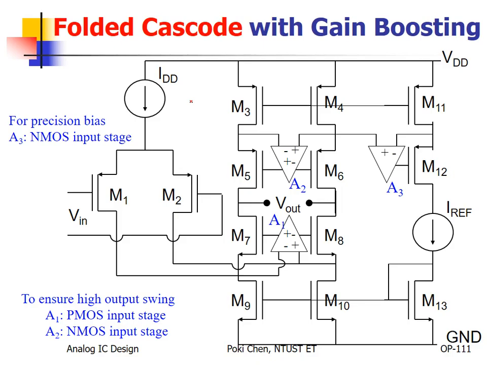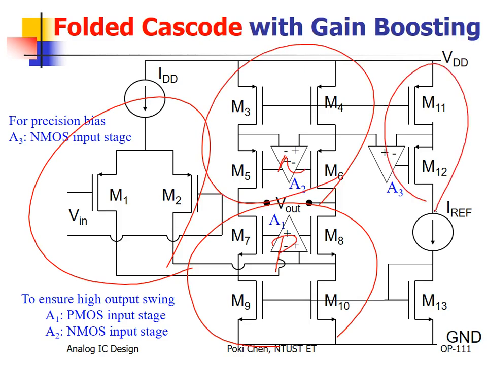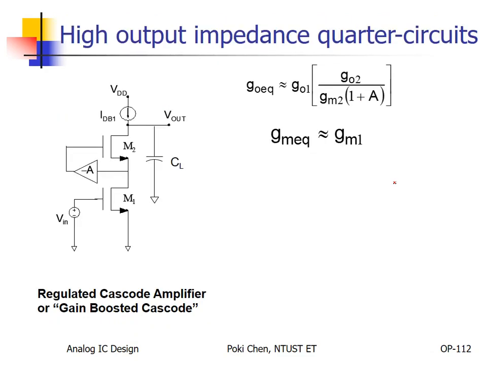Anyway, again, folded input, PMOS, so NMOS. So this is PMOS, this is NMOS. And those are also PMOS, so the input should be NMOS. That's it. And again, Professor Geiger would like to explain how to make such a very high gain op-amp.